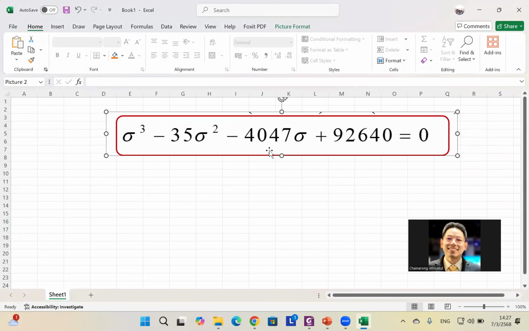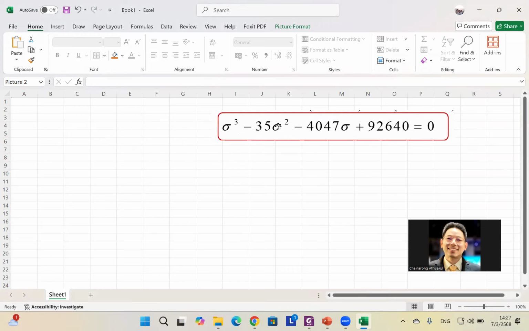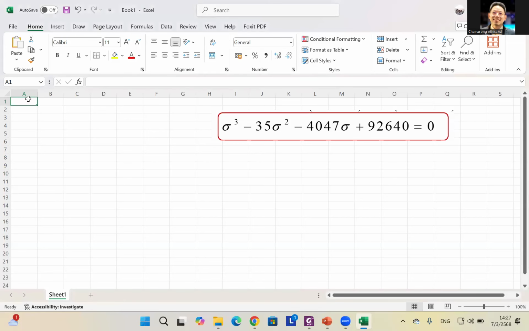We have this equation, right? Then it should be x, and it's f(x).